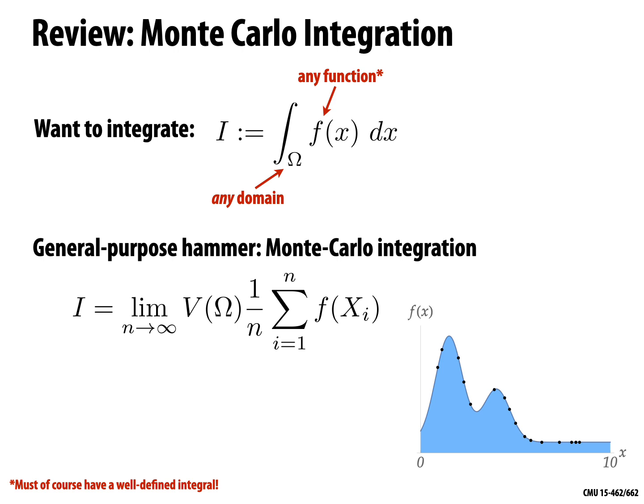As long as this function f is integrable, summing up the values of f at the random samples, taking the average, and multiplying by the volume of the domain will give us the value of the integral in the limit as the number of samples goes to infinity. Of course, in practice, we stop at some point, and the more samples we use, the more accurate our estimate of the integral will be.